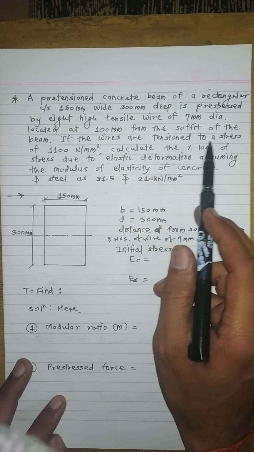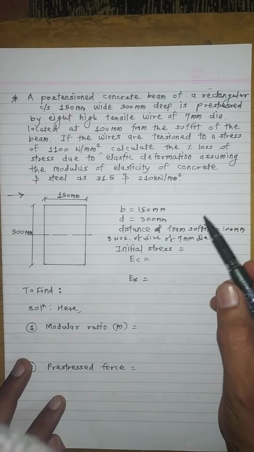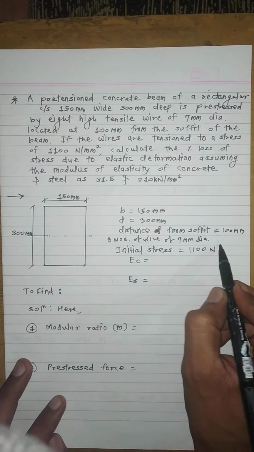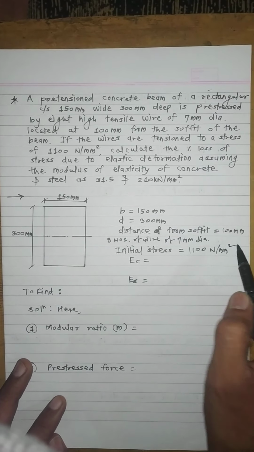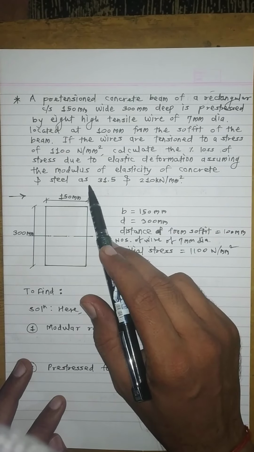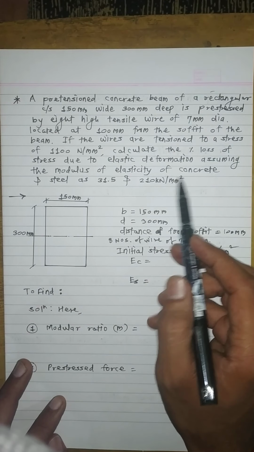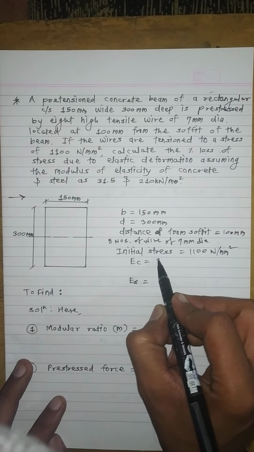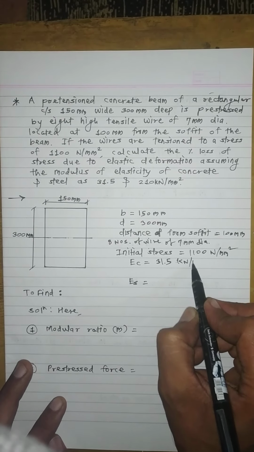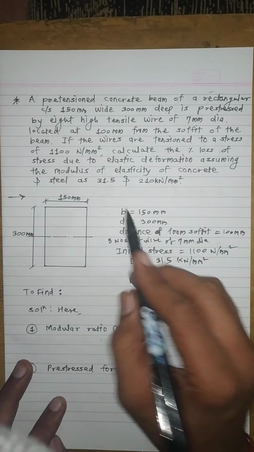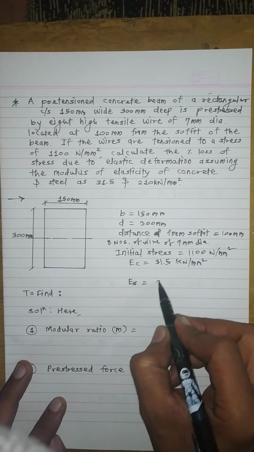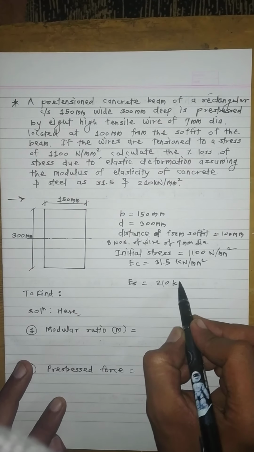If the wires are tensioned to a stress of 1100 Newton per mm square, the initial stress is given as 1100 Newton per mm square. Calculate the percentage loss of stress due to elastic deformation, assuming the modulus of elasticity of concrete equal to 31.5 kilonewton per mm square and modulus of elasticity of steel as 210 kilonewton per mm square.